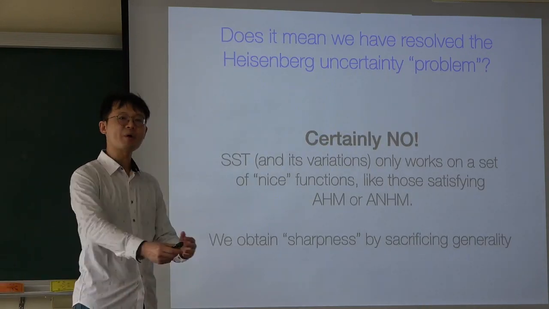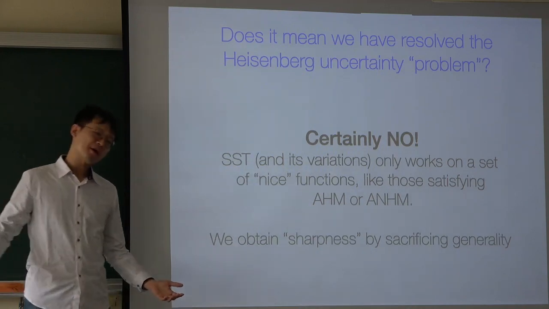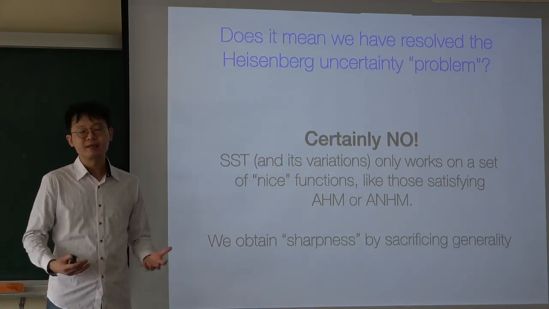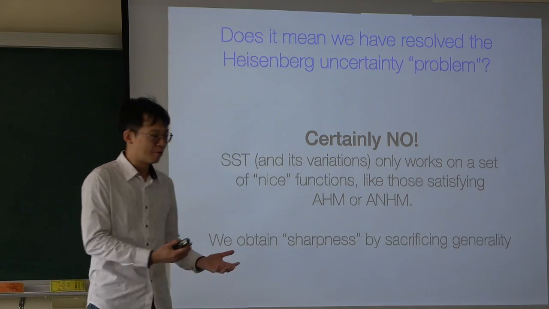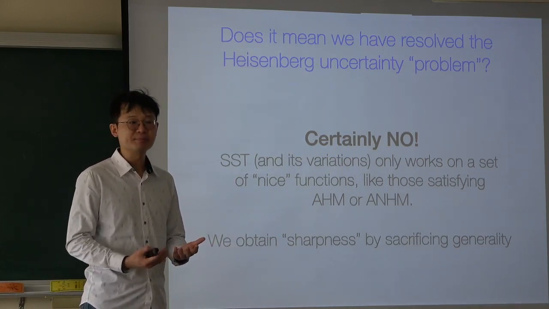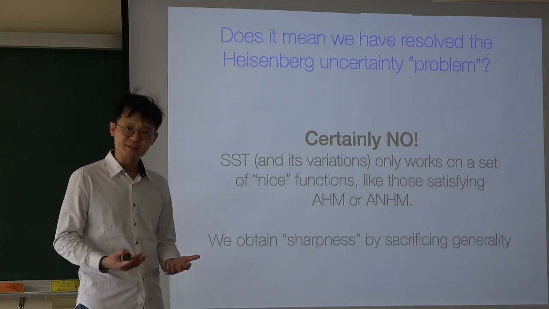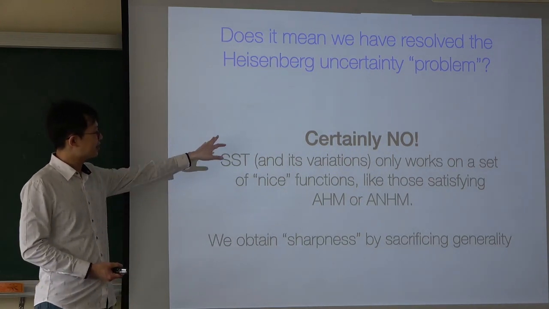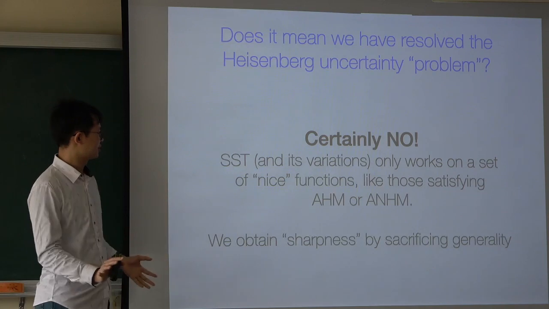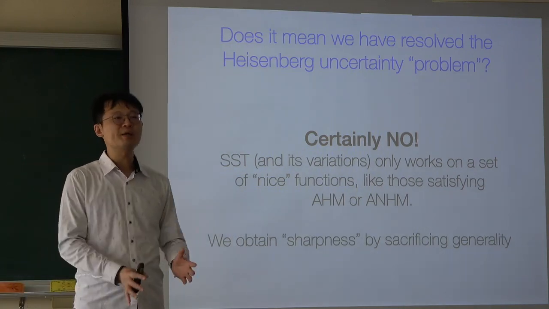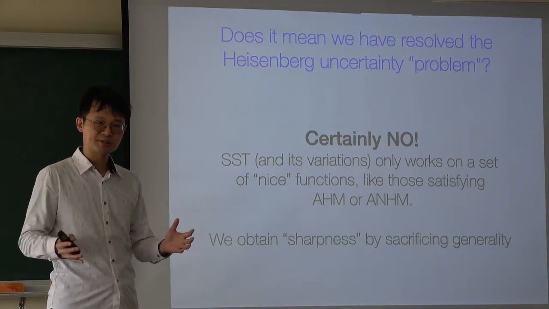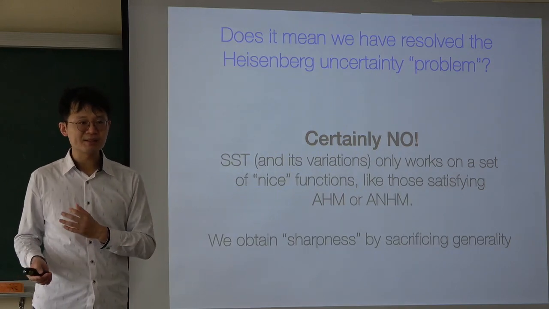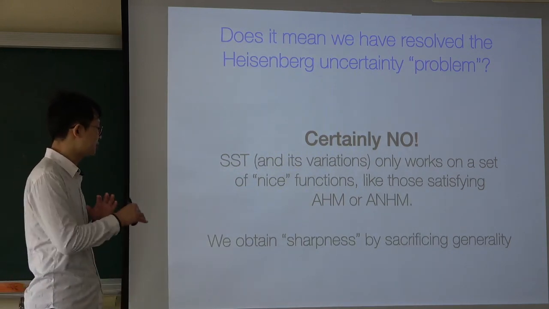Then you may ask, it seems that you have handled or bypassed the Heisenberg uncertainty principle, isn't it? The answer is no, certainly not. Synchro squeezing and its variations actually only work on a very special subset of functions. It is not generic at all.